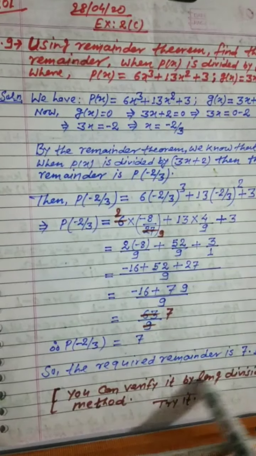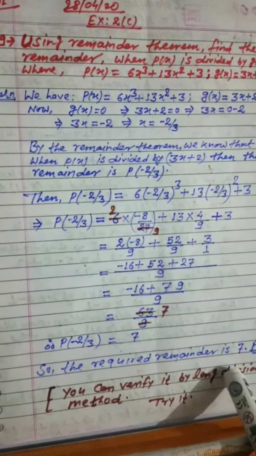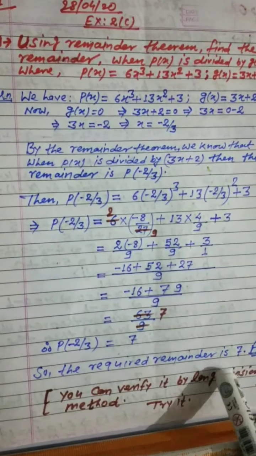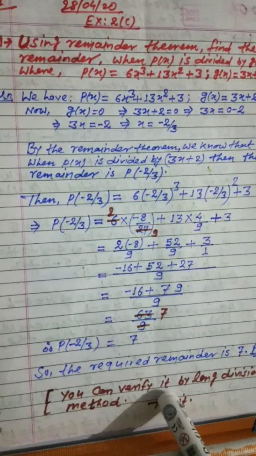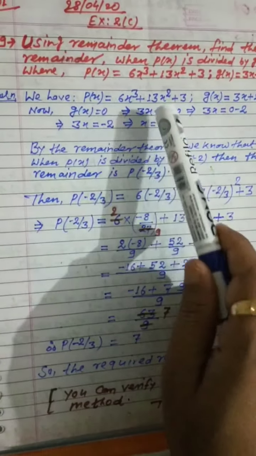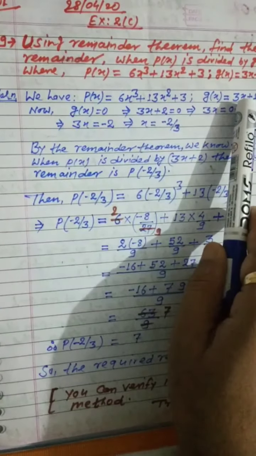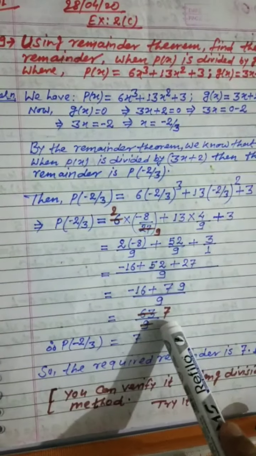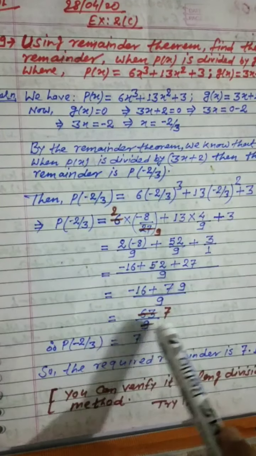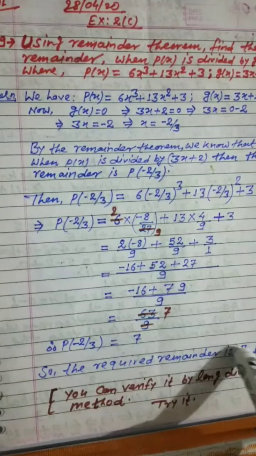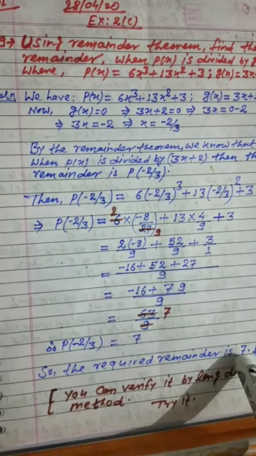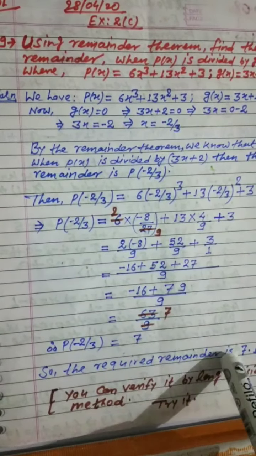Now we have written in the bracket that you can also verify it by the long division method. If you divide this polynomial by the divisor, you will get the same remainder. So by long division you can verify your answer, whether 7 is the right remainder or not.